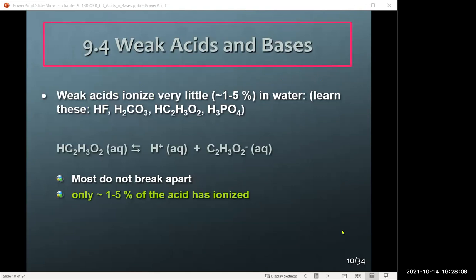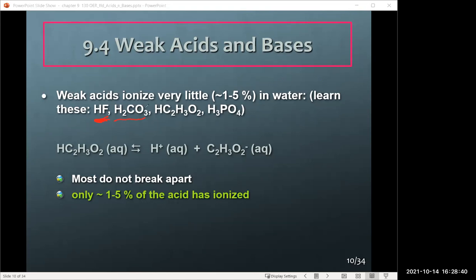And we do have what are called weak acids and weak bases. An example of a weak acid is HF, or hydrofluoric acid. If you ever did any staining of glass as a hobby, this is probably what you utilized, hydrofluoric acid. It reacts with glass pretty well. So I'll have the names here in a bit in the table. The next one is H2CO3, carbonic acid.